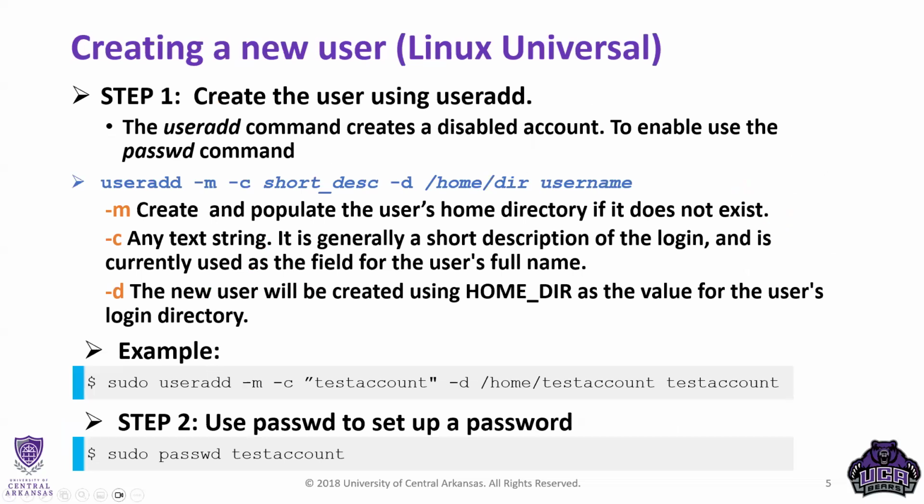Now, when it comes to creating users on the system, you've probably guessed the theme here. There is a universal way that applies across the board, and then Ubuntu has its own method. The big difference with the universal method is you have to tell it every single thing you want it to do. It's very good if you want to script something. The Debian method is a script itself.